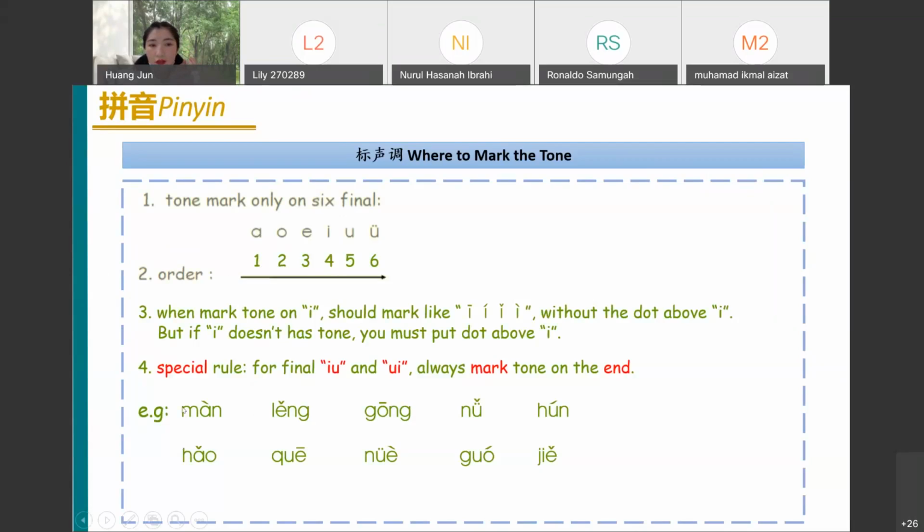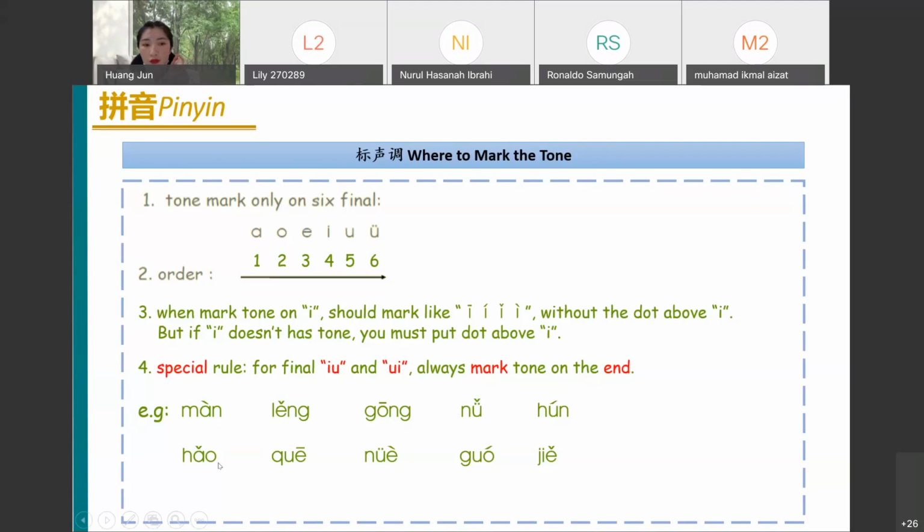In the first one, man, we only have A inside as the option, so you put the tone on the letter A. Like here, number 2, leng, you only have E here as the only option, so you put the tone here. The first row tells you there is only one choice, so you cannot be confused. You only put the tone above that letter.